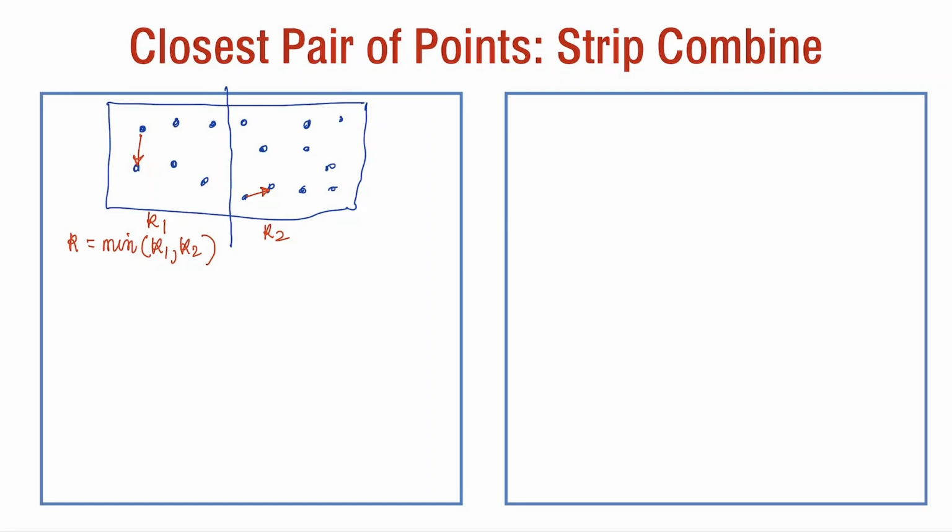In order to now resolve what I have to do, the algorithmic steps are that I will create a strip of size K this side and size K this side, because the only elements that need to be compared amongst the two sides are the elements on the left of this cut and on the right of the cut.